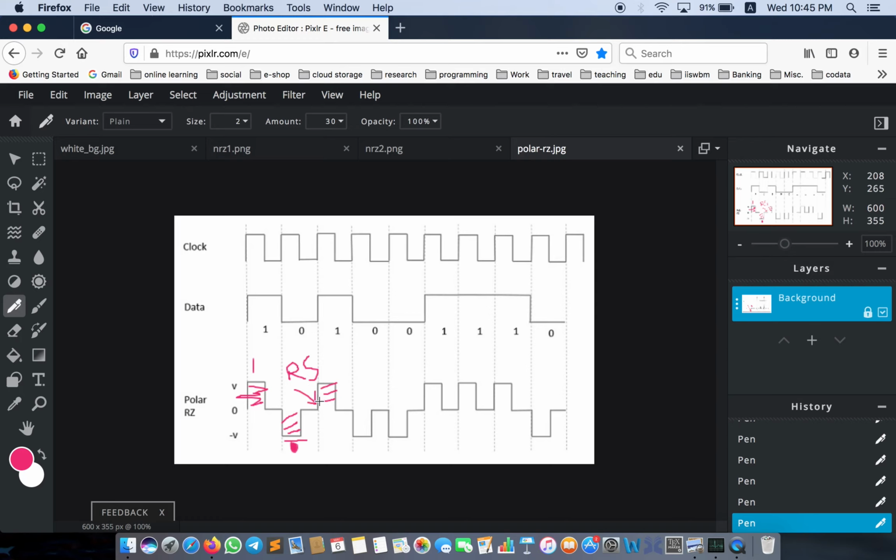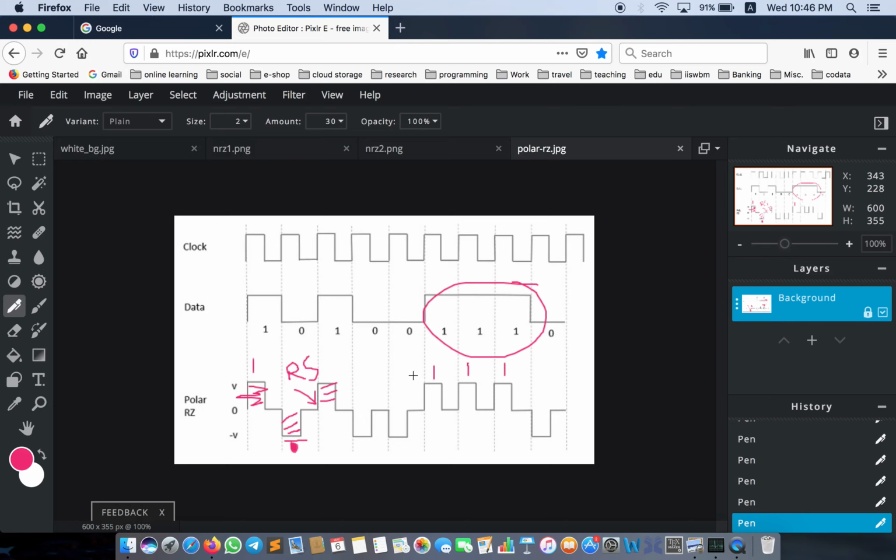And if you check this for the rest of the bit patterns, whenever we are getting 1 in this NRZ-L style of data, we can see from 0 it goes to 1, then again it goes towards 0, then again it comes to 1, and then it comes to 1. That means this is the positive voltage and this is the negative voltage.